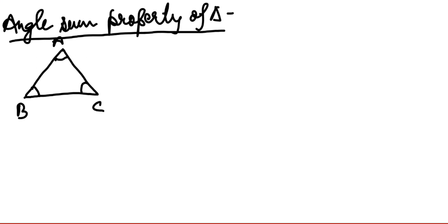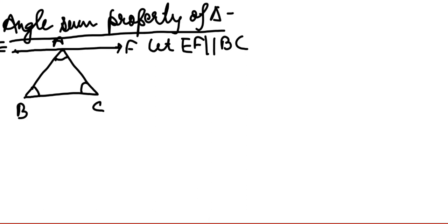How will this be equal to 180 degrees? Now let us consider, students, we draw a line, let us say EF, where EF is parallel to the third side BC.